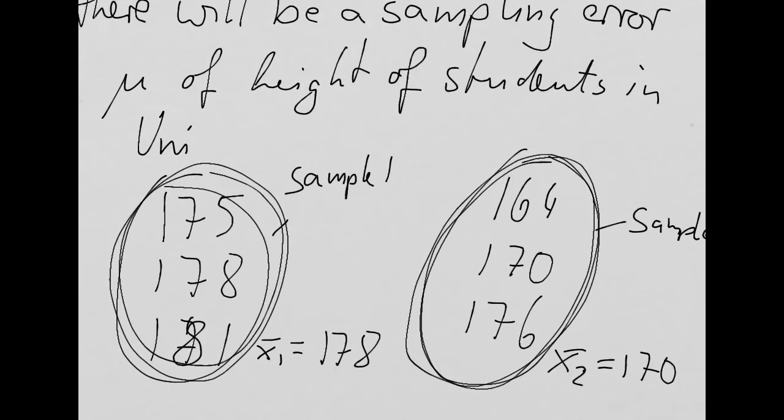What do you think? Just simply from your intuition. Are these two samples, the two sample means, are they different or are they the same? What do you reckon? Do they come from the same population, or is this just simply because I picked out all the basketball players?